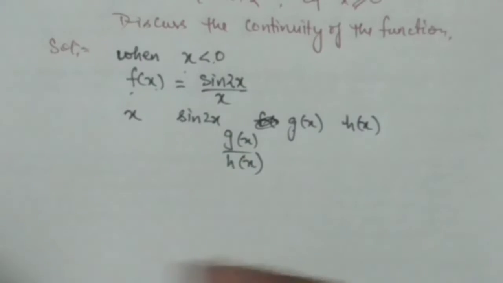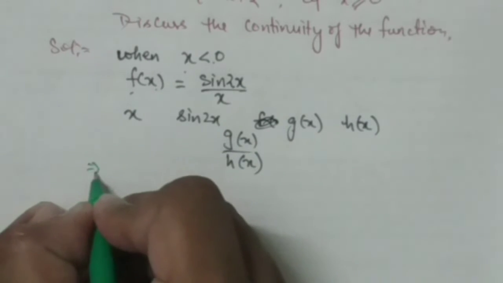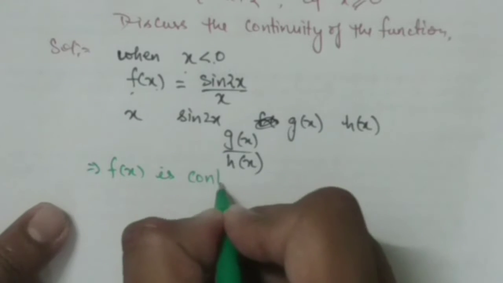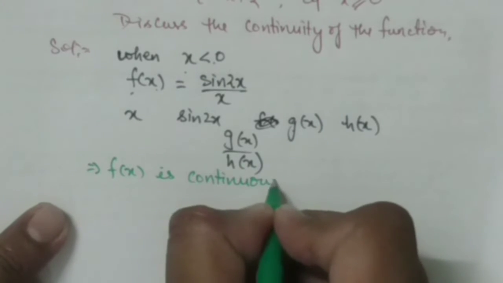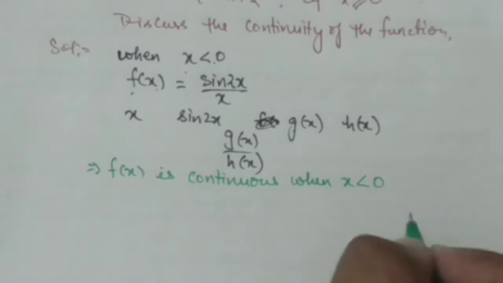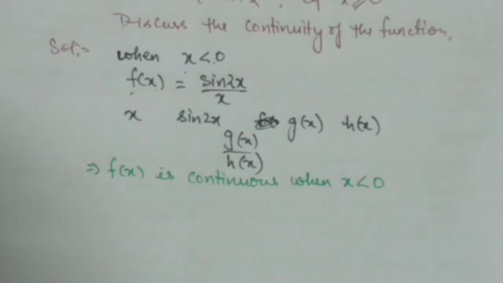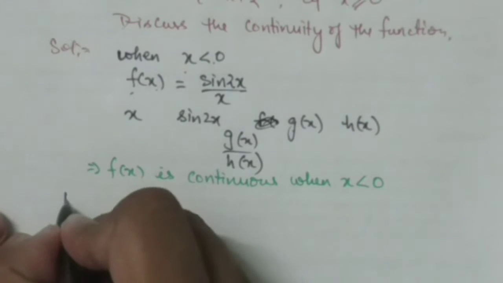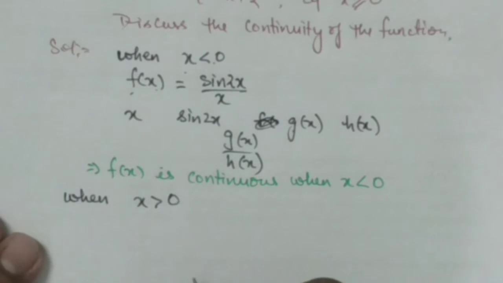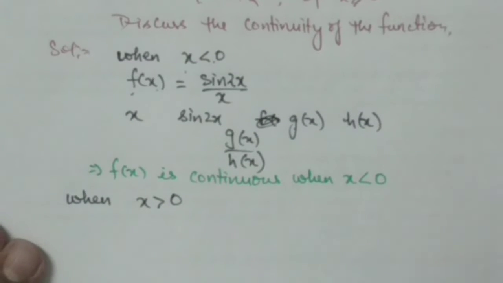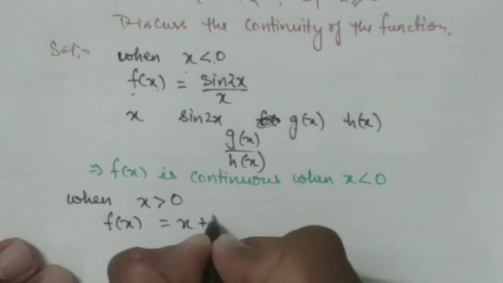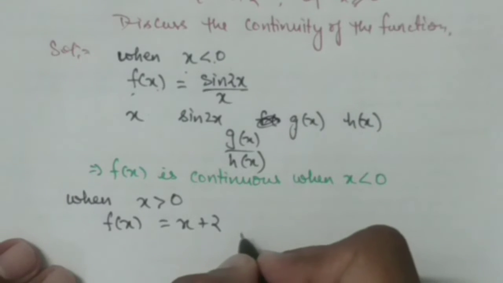So it implies f(x) is continuous when x is less than 0. Now see the other condition. When x is greater than 0, in this case f(x) is equal to x plus 2. It is a polynomial function, right?